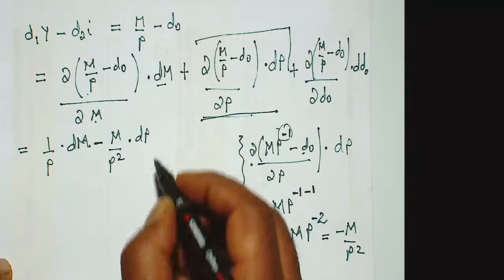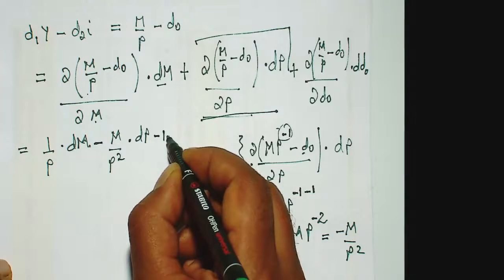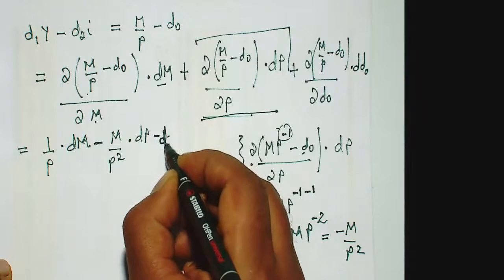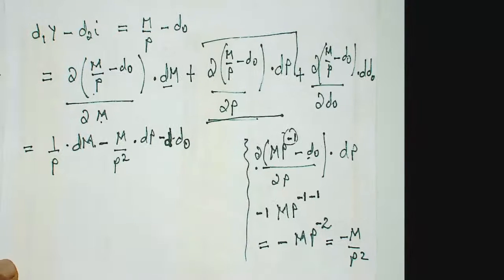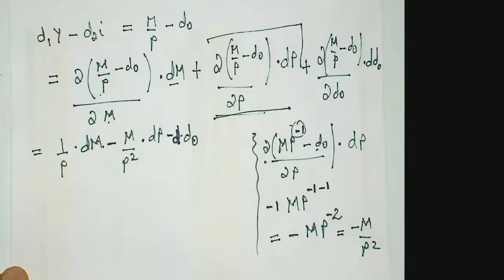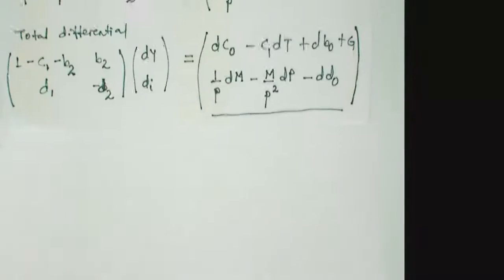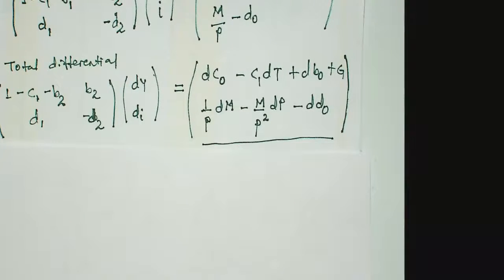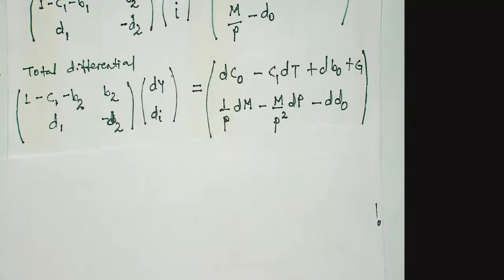The last term would give us minus 1 multiplied by d0, so I would just write d0 here. So this is basically how we come up with the total differential of our IS and LM curve, which is given by the total differential formula that you have seen on previous occasion.